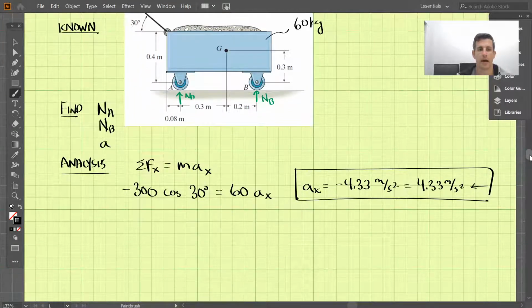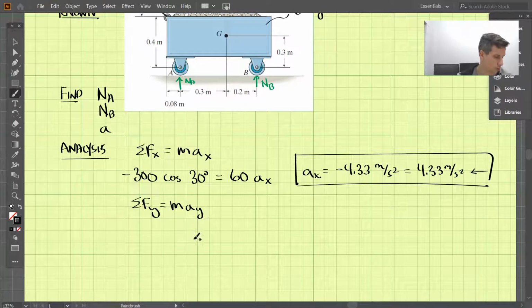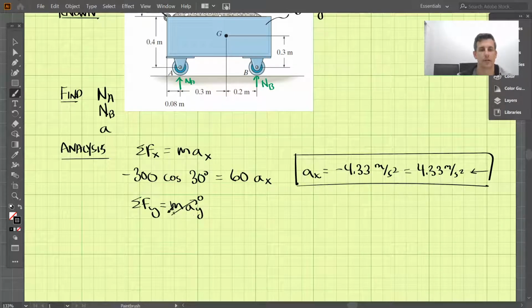Okay, now let's sum the forces in the y direction and set those equal to the mass times the acceleration in the y direction. We know it's not lifting off the ground, so the acceleration in the y direction is 0, and the sum of the forces in the y direction equals 0.